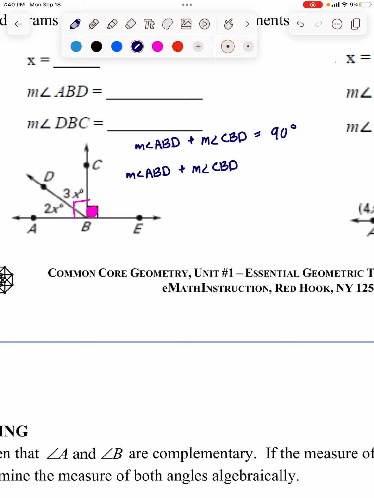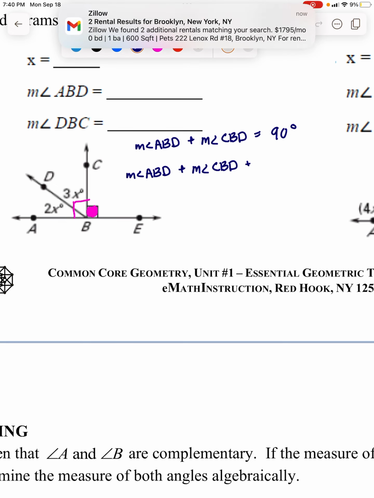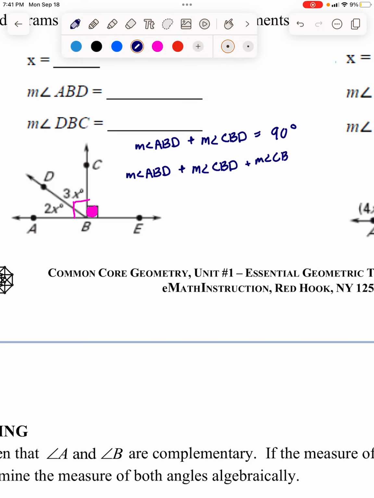You can add plus measurement angle CBE, and set that equal to 180 degrees, because that means this whole thing forms a linear pair. Angle ABC and CBE form a linear pair, which is 180 degrees. All right, so see if that can help you.